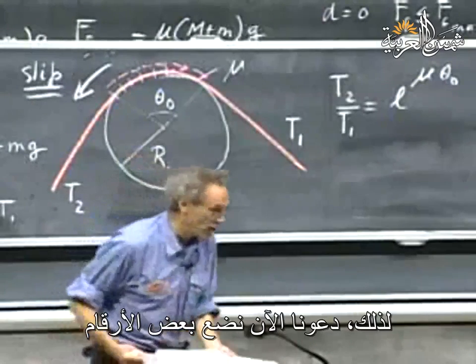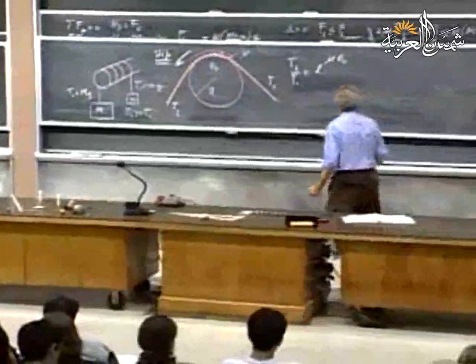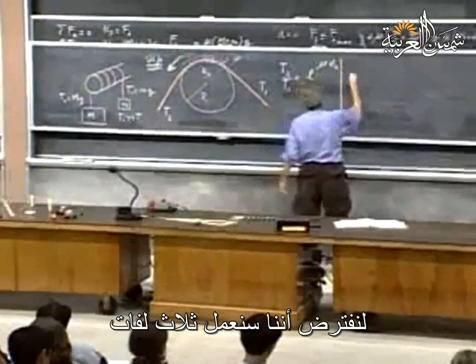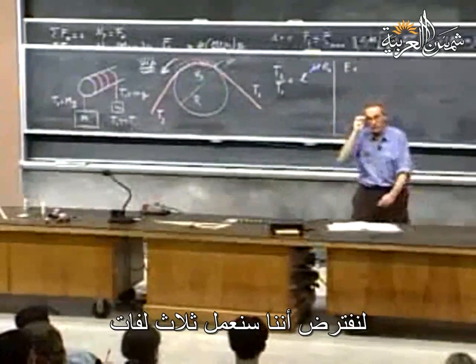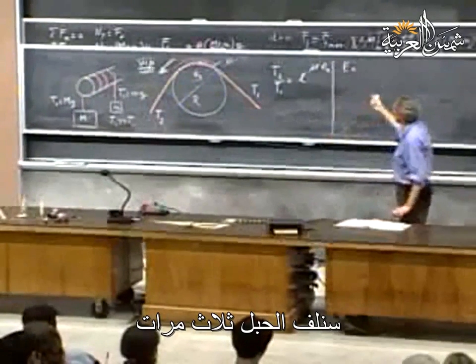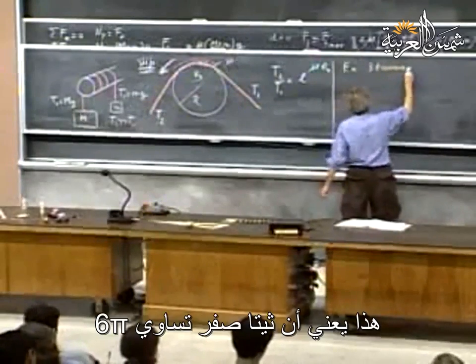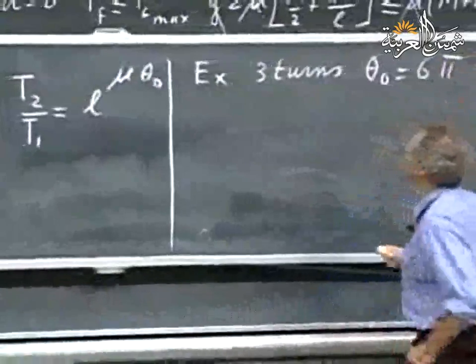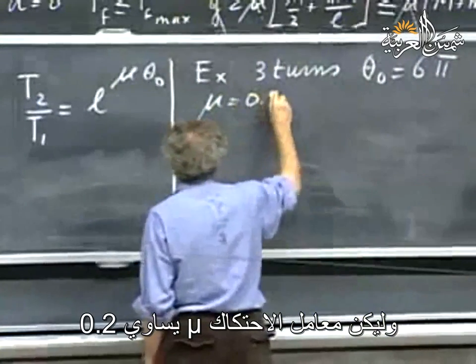Now let's put in some numbers so that we get an idea of what we gain. Let us take, let's say, 3 turns. We wrap the rope around 3 times. So 3 turns means theta 0 equals 6 pi, and let the friction coefficient mu be 1/5, 0.2.